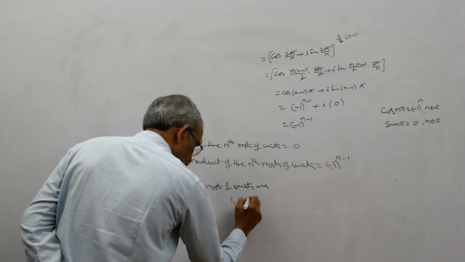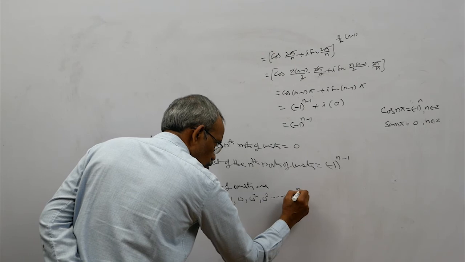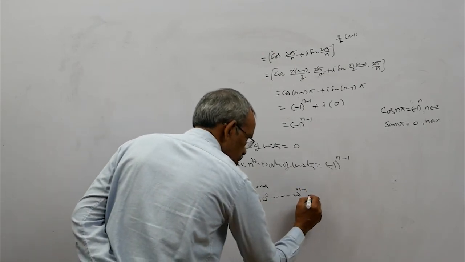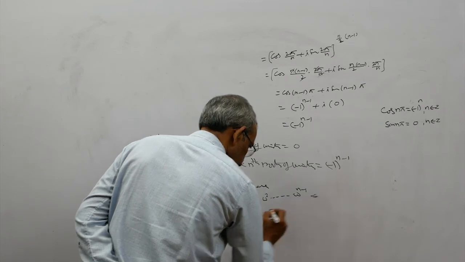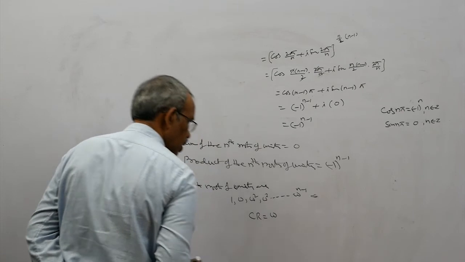1, omega square, omega cube, up to omega to the power of n minus 1. Here the common ratio is equal to omega.